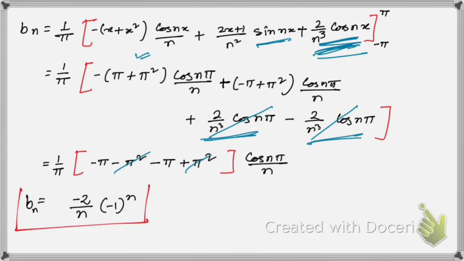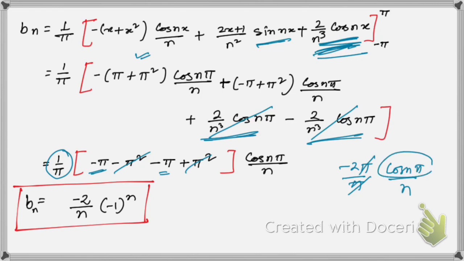Here you see minus pi, we have got minus 2 pi. And here we have 1 by pi, so that pi cancels this pi, and then we have cos n pi by n. This cos n pi is nothing but minus 1 to the power n, and this is minus 2 by n.